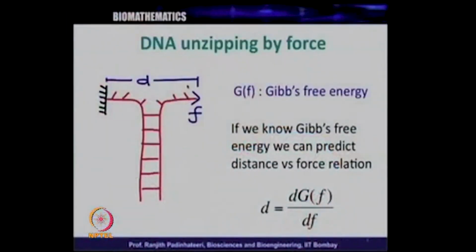So, in the case of unzipping, applying a force, you fix the temperature to, let us say, 300 Kelvin or 310 Kelvin, whatever you wish. You fix the temperature as a constant, then you vary the force, and then you can get the Gibbs free energy, G of F. So, once you know the Gibbs free energy, you can apply a force and measure this distance.